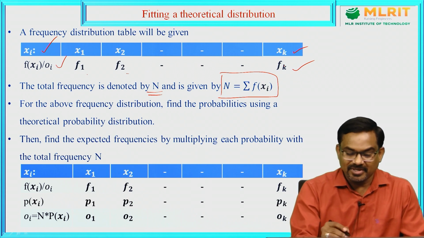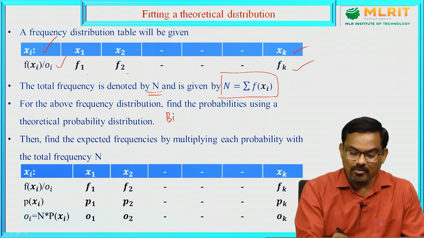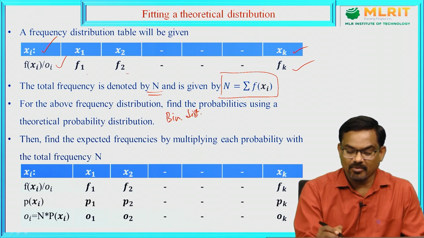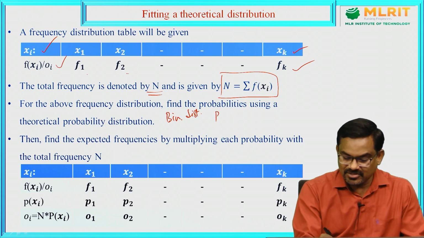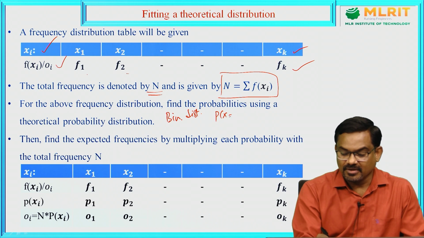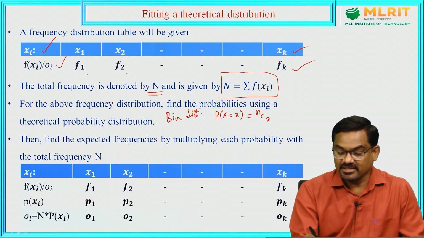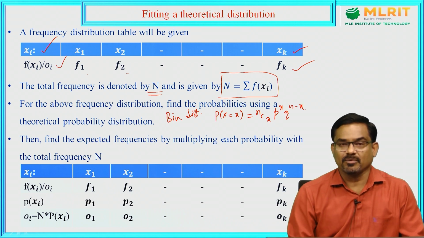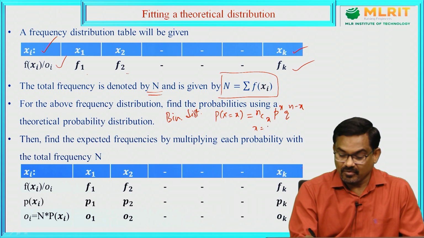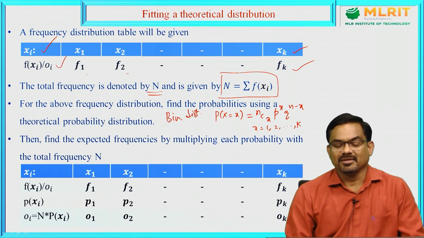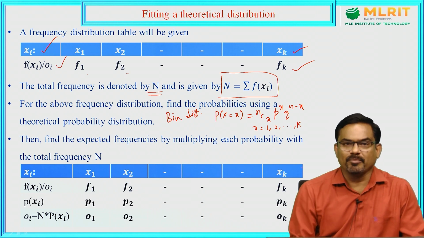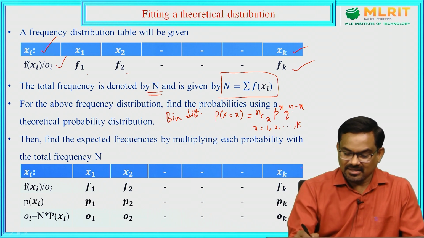For example, if it is required to fit a binomial distribution, then let us use the formula P of x equals nCx p power x q power n minus x, for x from 1 to k. Find all the corresponding probabilities.